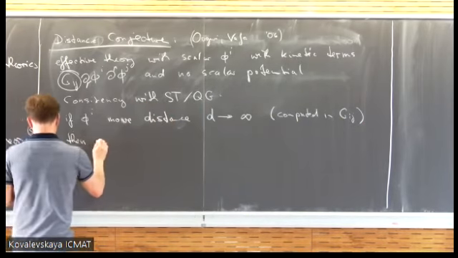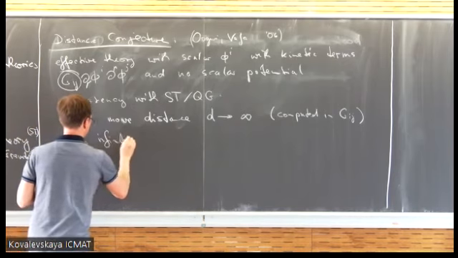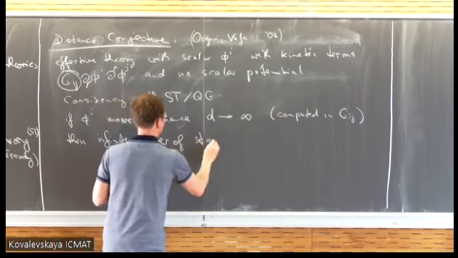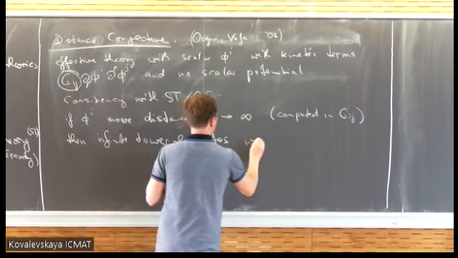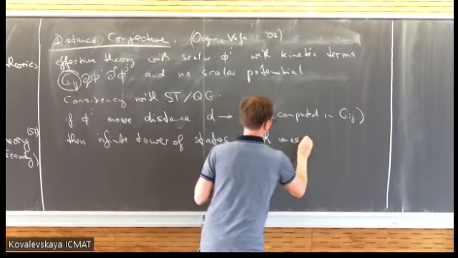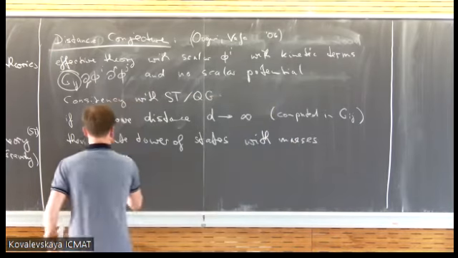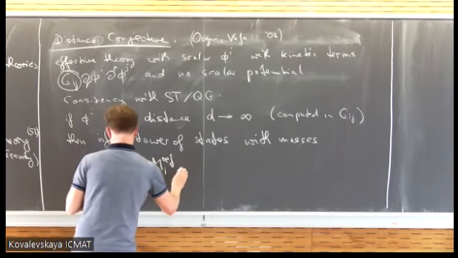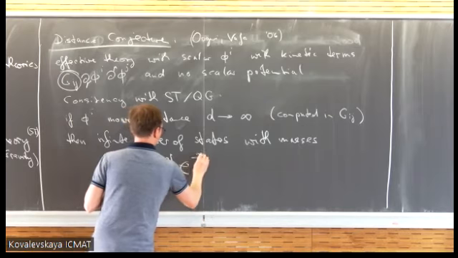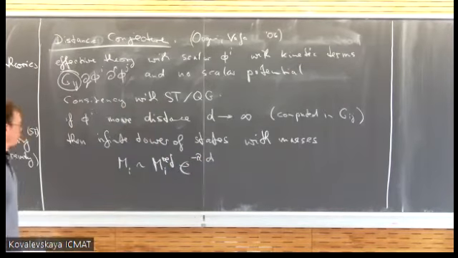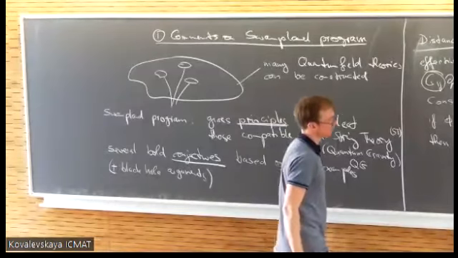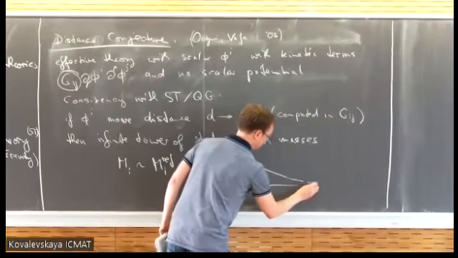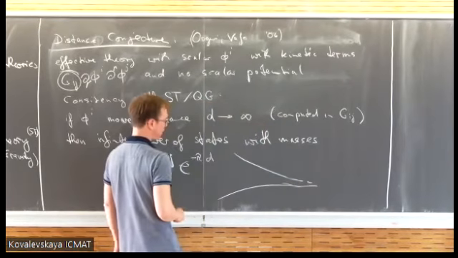And then the statement is that an infinite tower of states with masses m_i, relative to a reference mass, falls off exponentially. Okay, so what you have to imagine is you have a manifold, a space with a metric.